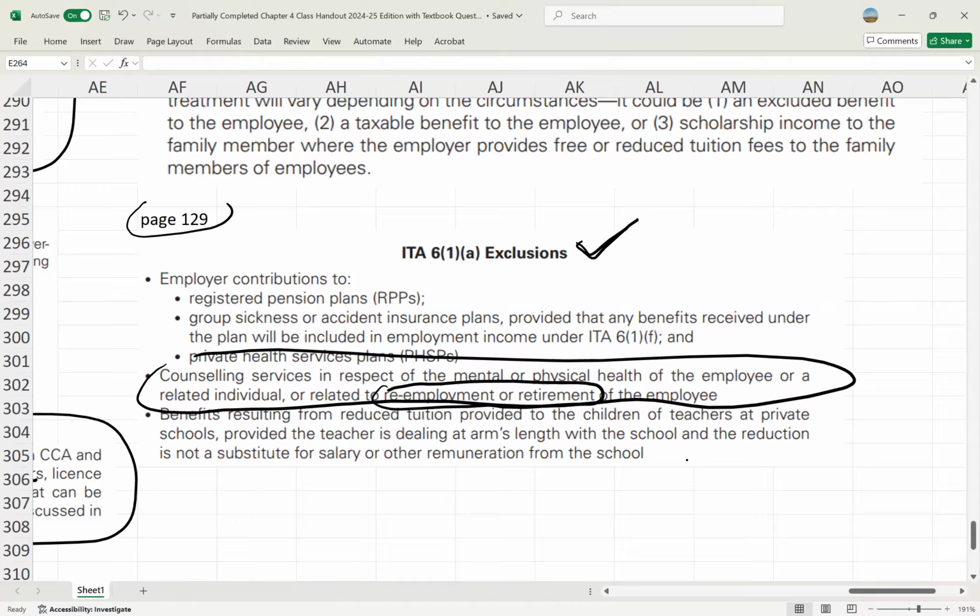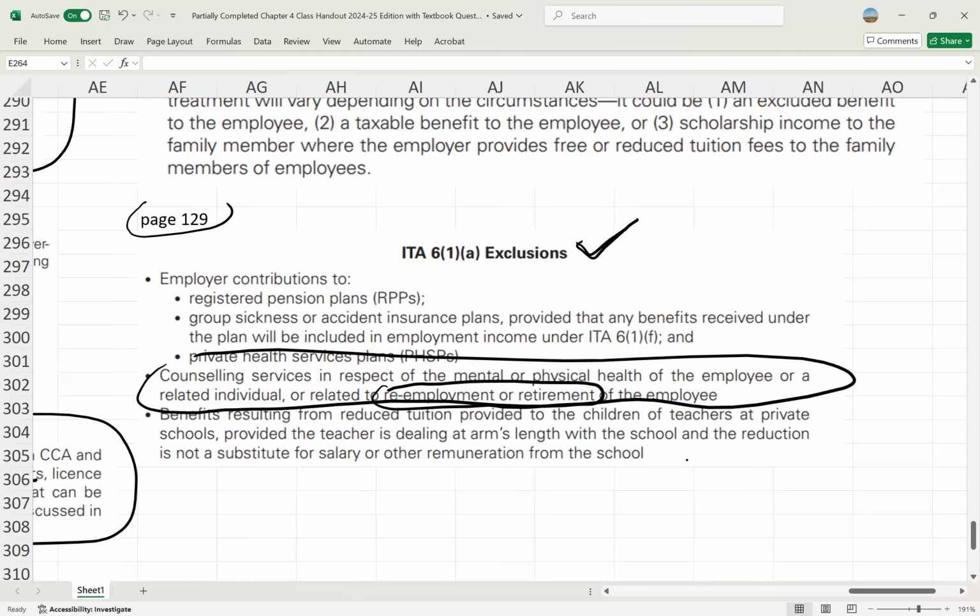So this one is a little bit tricky. It's not related to re-employment. Re-employment would be, let's say the company was downsizing, and so they had to lay off some employees. As part of the severance package, they gave them some employment counseling. That would not be a taxable benefit. So this is clearly not re-employment.